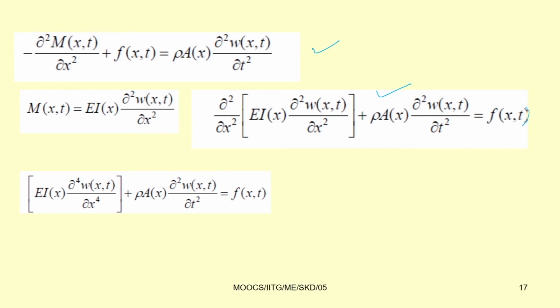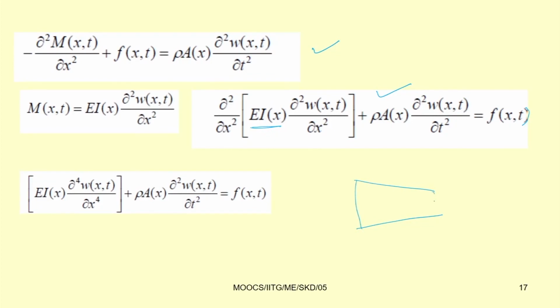If the cross section is not uniform, then you can use this equation, with ∂²/∂x² outside, of EI(x). Sometimes E may also be a function of x when you are using functionally graded material, and I may be a function of x also.